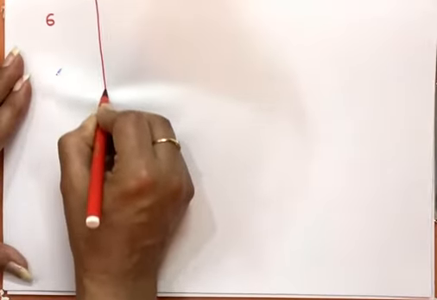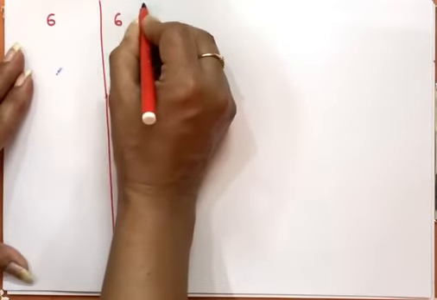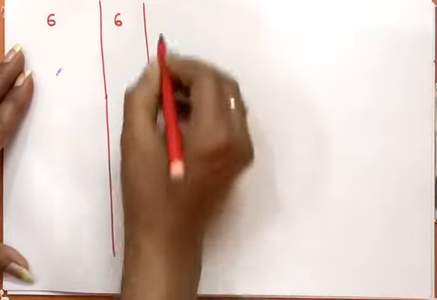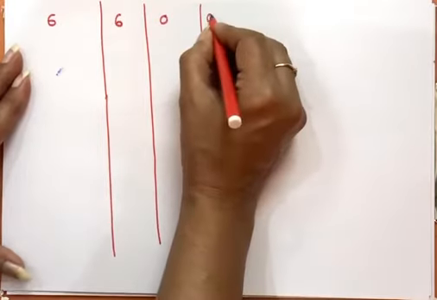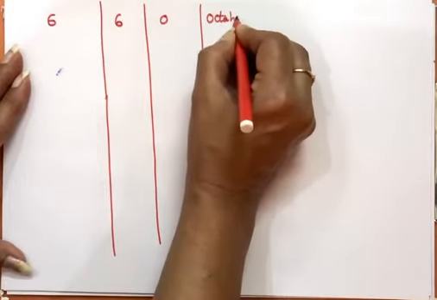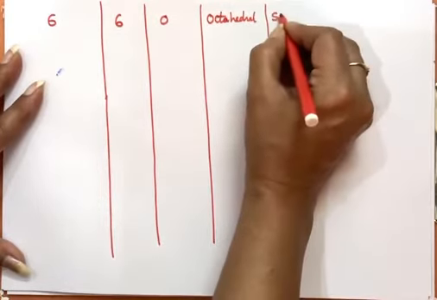One more example we have to cover here. When there are 6 electron pairs, and all 6 are bond pairs and no lone pair is there, then the geometry of that molecule is octahedral. Example is SF6.